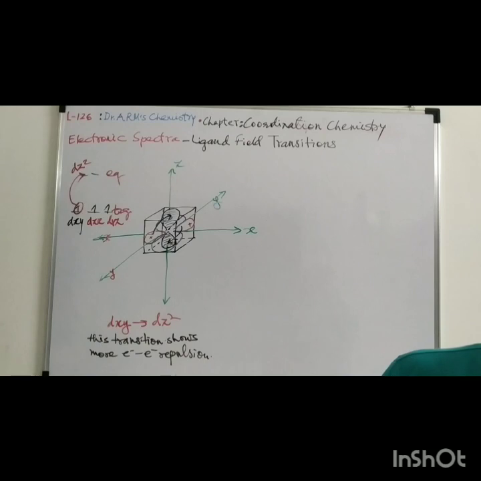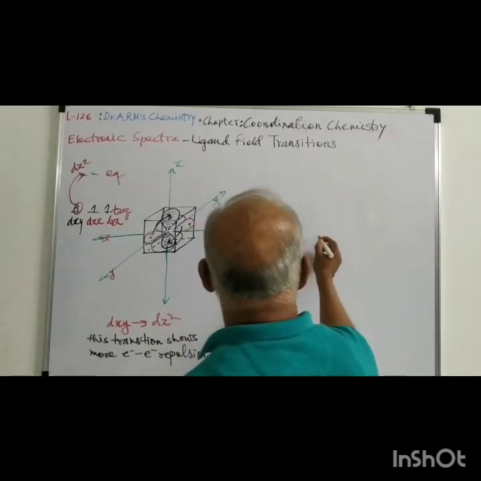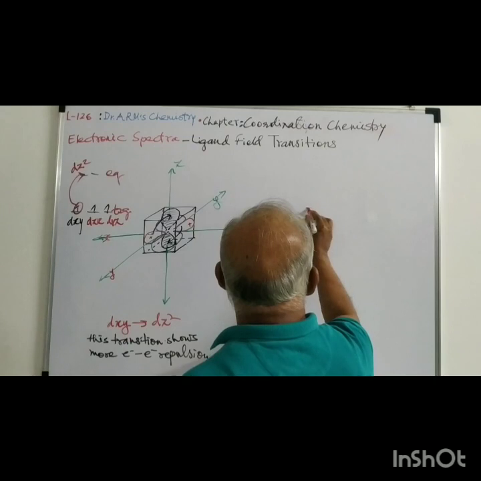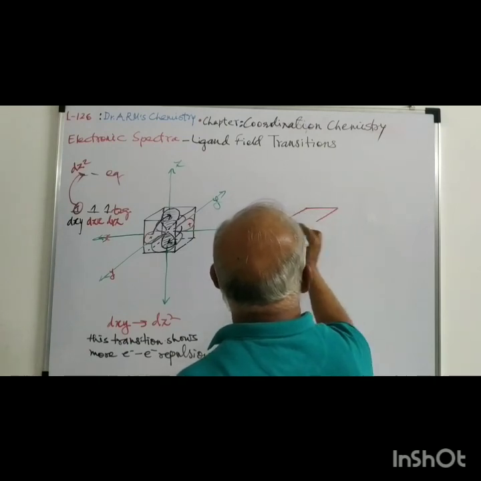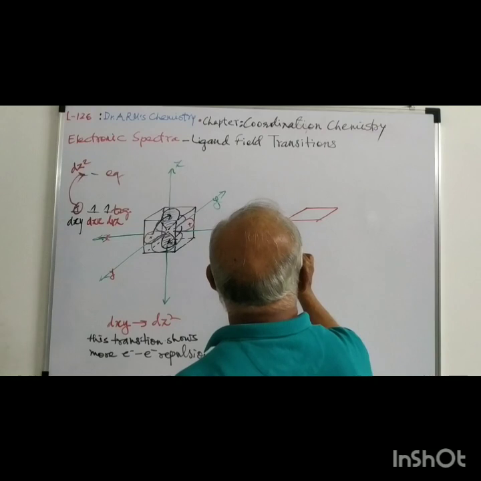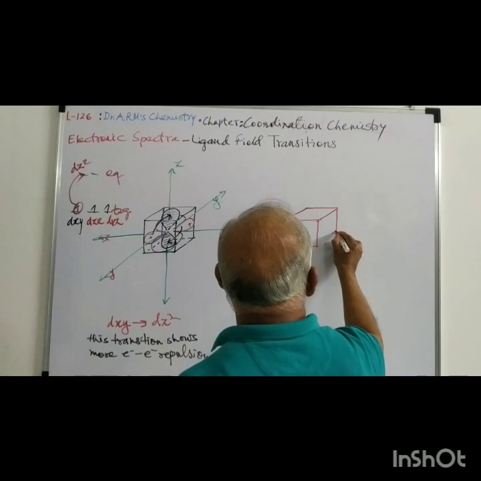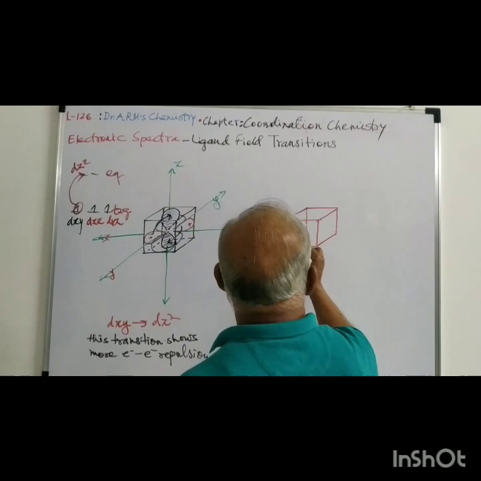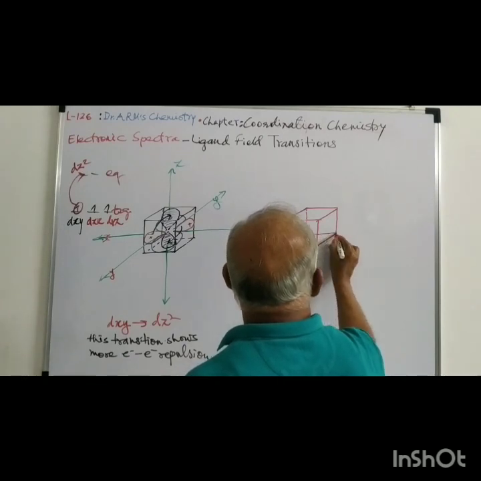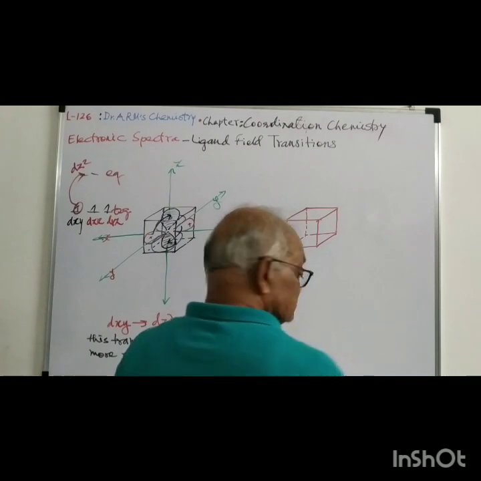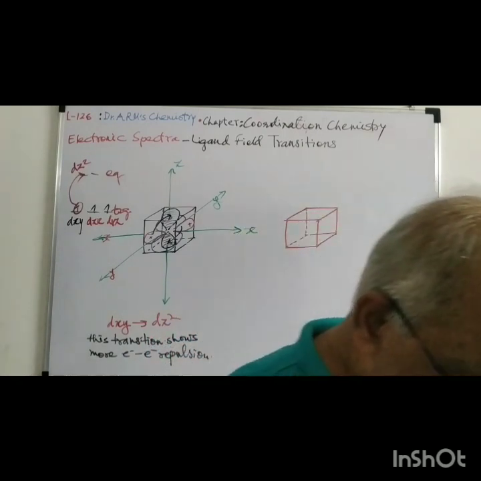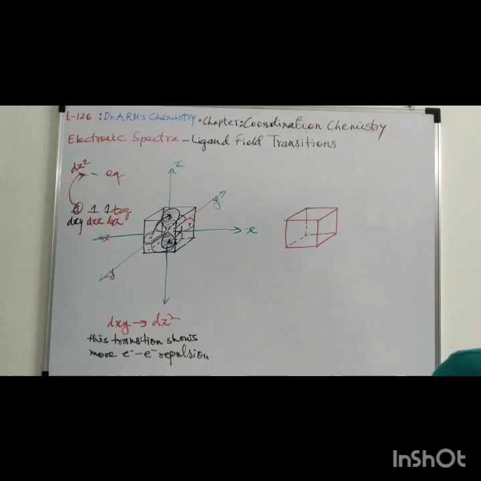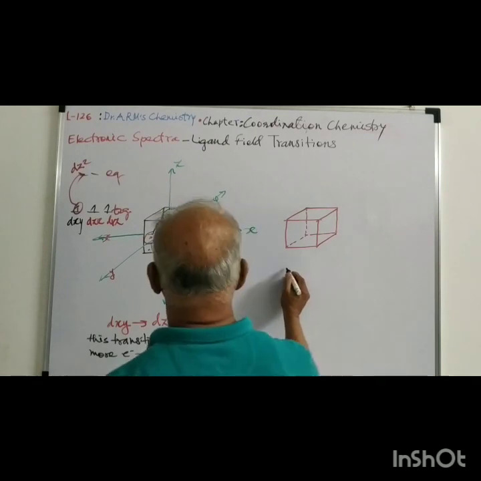So if we consider the orbitals like this, we can have orbitals, for example dzx or dyz; we can consider any. Okay.